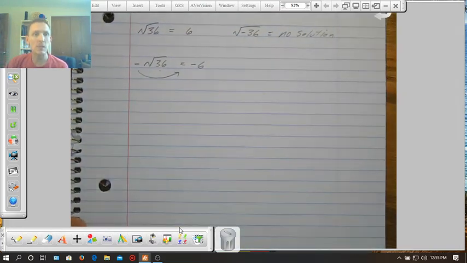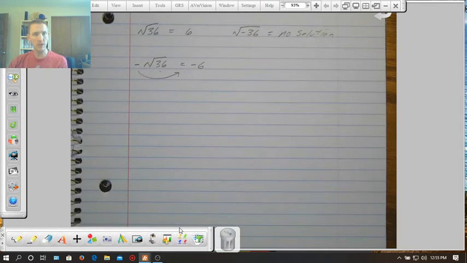Now this happens because I could have the square root of 36 embedded in some problem, and there would be a negative sign waiting in front of it.